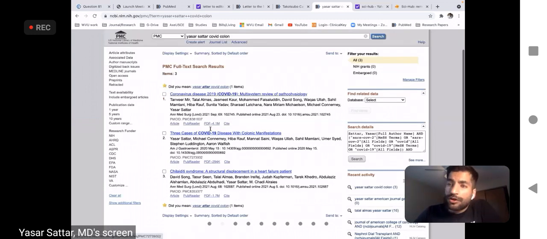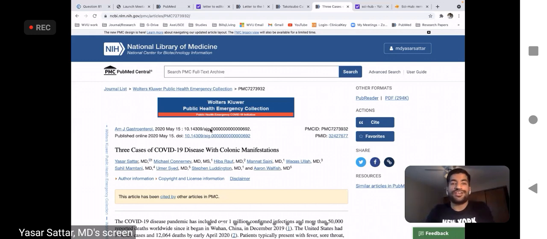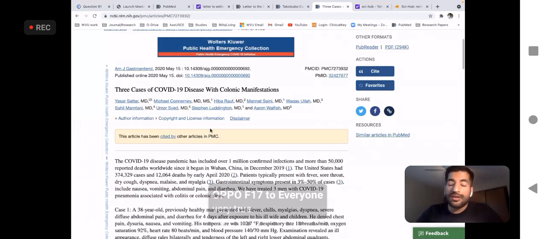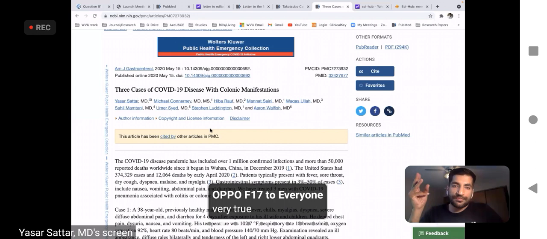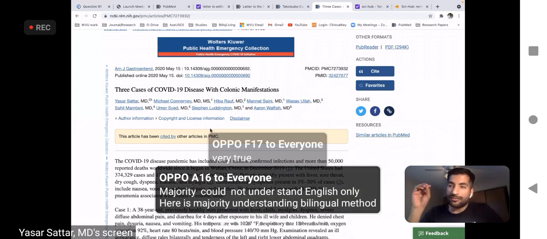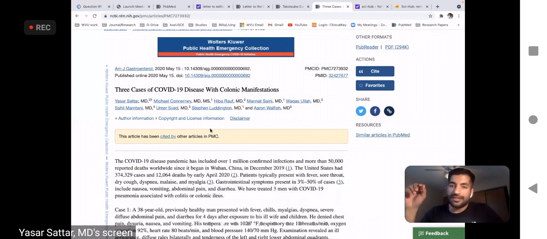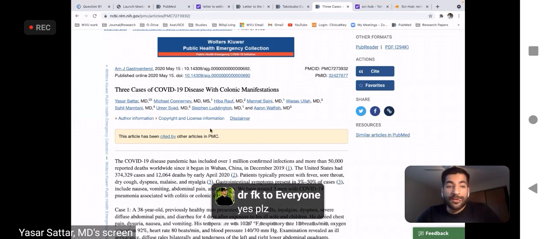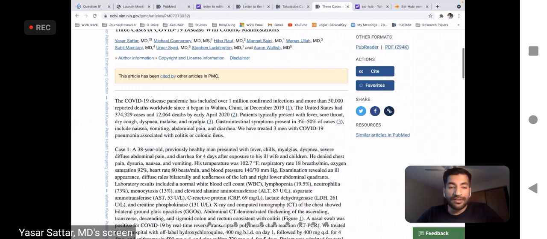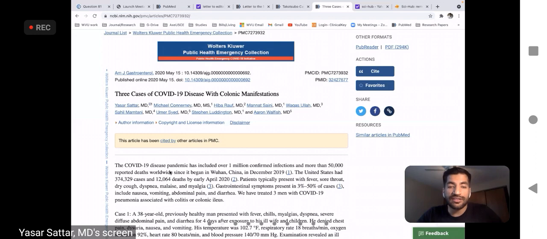Now, worth noticing here in terms of the legalities of research, if you have three cases, it's fine. You don't need an IRB, which is the Institutional Review Board document that you're legally obligated to get if you have more than three patients and you're conducting a research study. Okay, so here I took only three cases of COVID with colonic manifestation. Here I'm writing case number one, how that case presented.